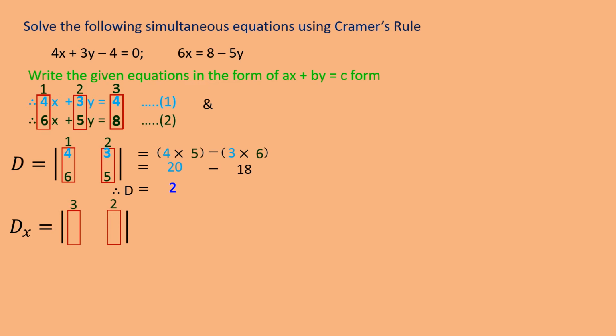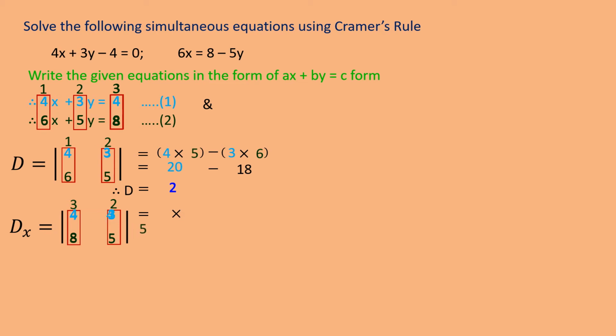Clear? Now let us get the content of the third and second columns. The third column, 4 and 8, is coming down, and the second column, 3 and 5. If you make a mistake here, your sign will change, but here we have it perfectly right, so nothing will go wrong. Now how to simplify this?